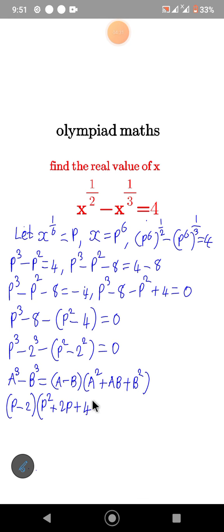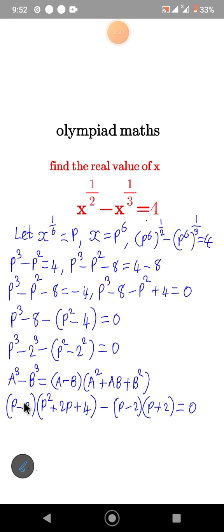Then I'll close my bracket, minus, then we know this one is already a difference of 2 squares, so we'll put it this way, minus p minus 2, then p plus 2, everything equal to 0.